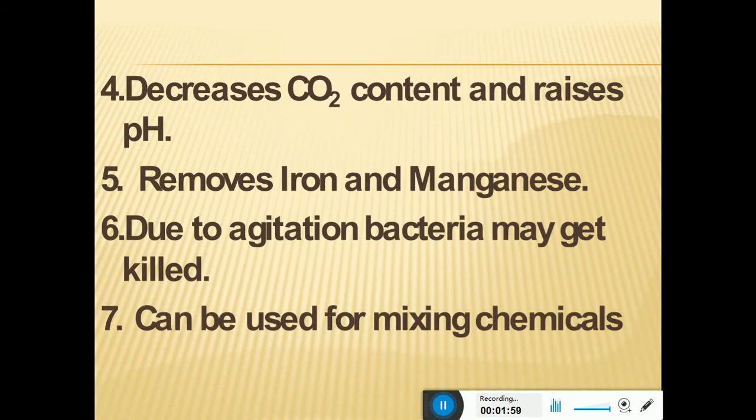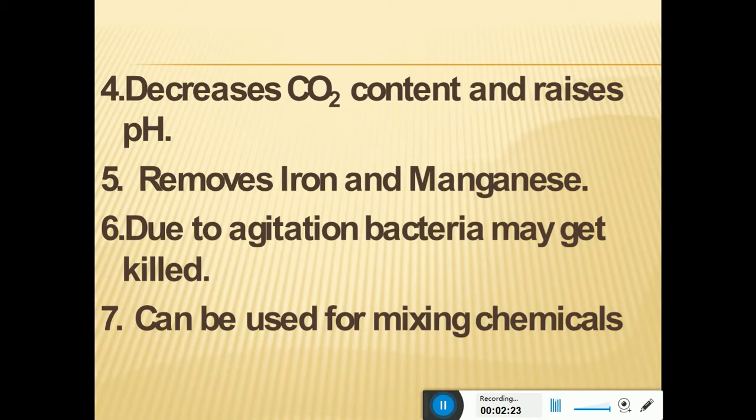So it decreases the carbon dioxide content, and it raises the pH of the water, and it removes and oxidizes the iron and manganese which is present, and also due to the agitation which is caused in the aeration, some of the bacteria will also be killed. And aeration process can also be used for mixing chemicals.